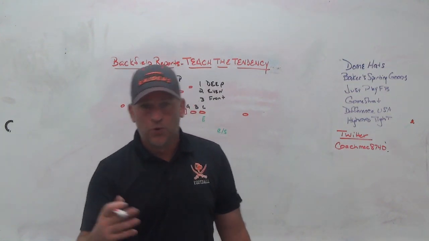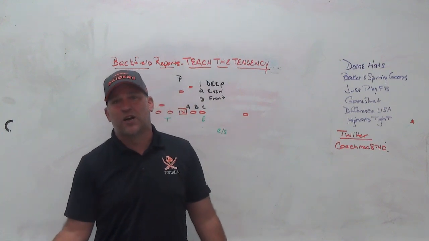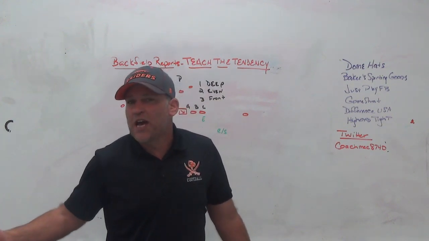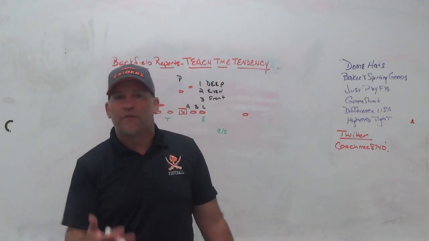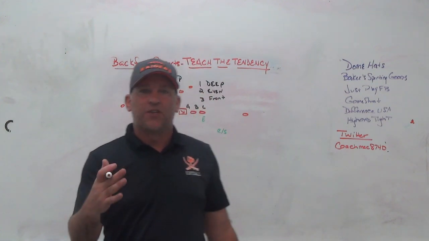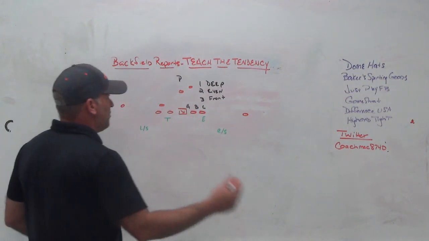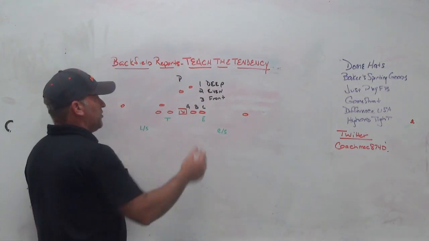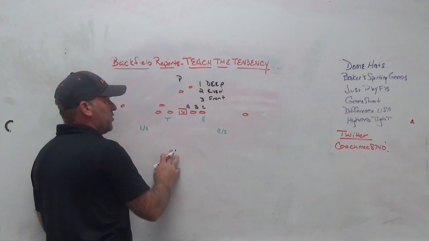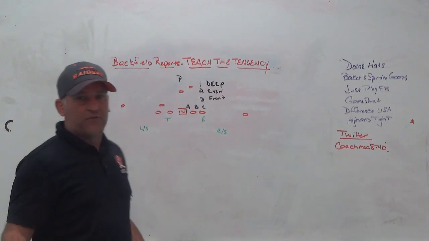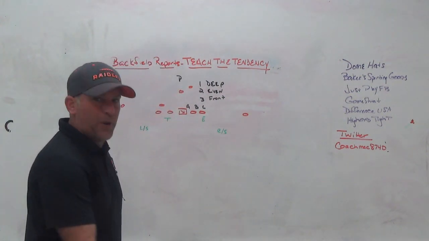Because remember, a 3 technique is an outside shade on the guard. But you can get them thicker, wider, you can do whatever you want. There's no rule in football that says a 3 technique has to line up here. So you can give him a tendency based on your player. Let's say the back is deep and there's a sniffer on his side, and with those backfield tendencies, they're going to run a bunch of power.